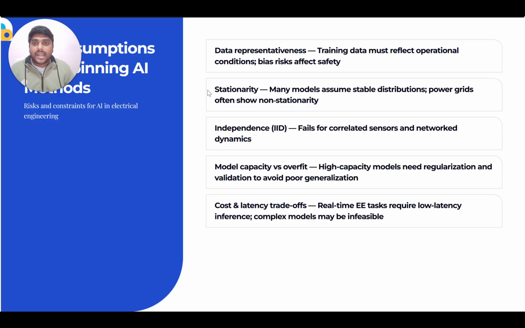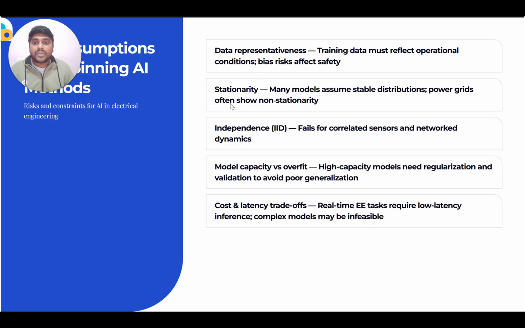Next, key assumptions underpinning AI methods. AI does not work magically. There are foundational assumptions. First, the data used for training must represent real world operating conditions. Otherwise, bias becomes a safety risk. Many models assume stable behavior, but power systems are dynamic and non-stationary.